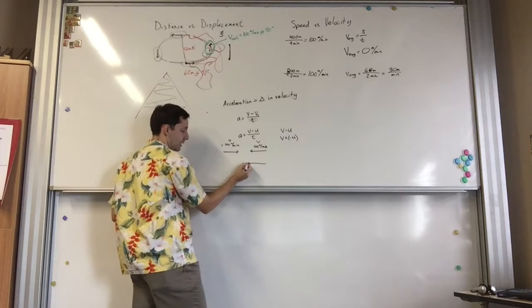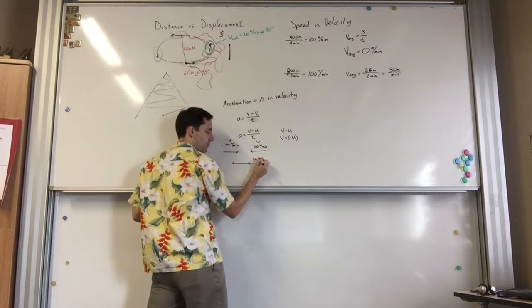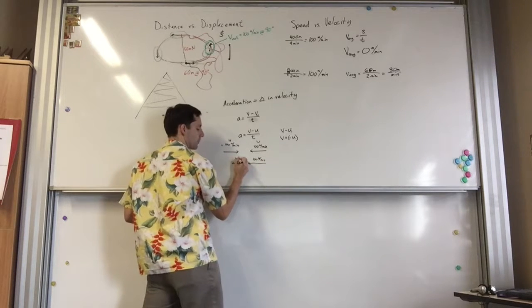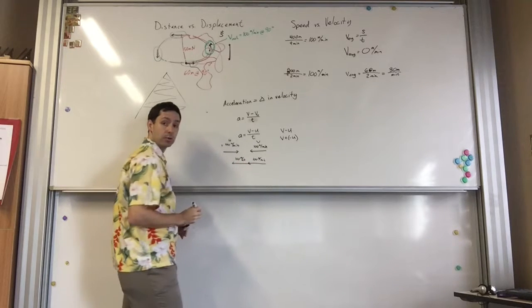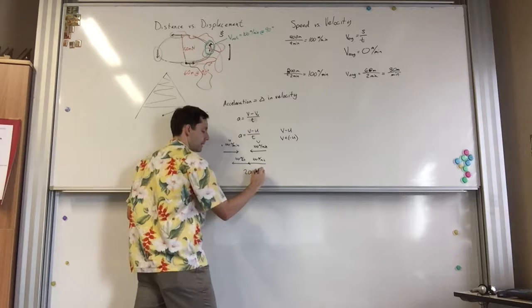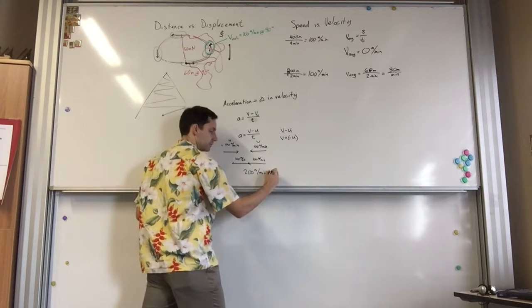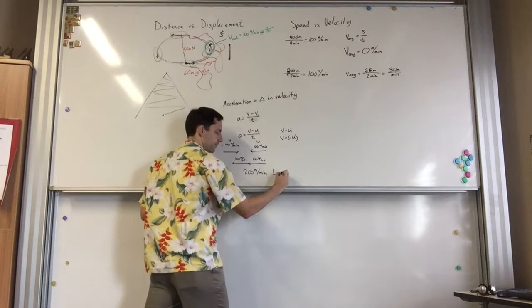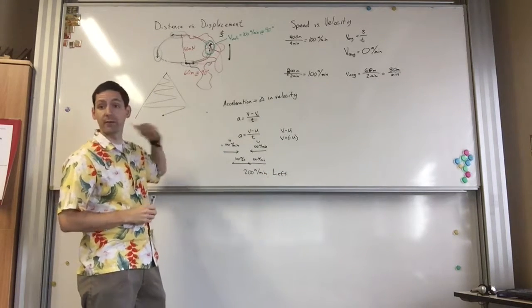I'll add head to tail, which means I'll have 100 meters per minute that direction, 100 meters per minute in that direction, which means when I add that together, I get a total of 200 meters per minute to the left, or at 180 degrees, or whatever you want to call that.